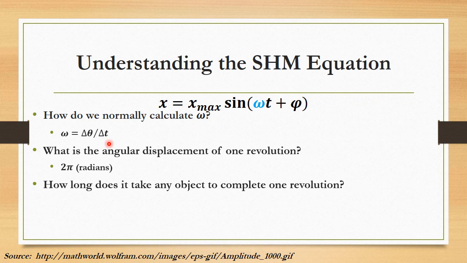I'm not looking for how many seconds here. Obviously, it's different for different objects going in different circles. But in general, what's the word that means the time for one revolution? That's a period. We call that the period of revolution, or capital T. And therefore, omega, going back to this first sub-bullet point up here, is 2 pi over T. 2 pi radians over period.